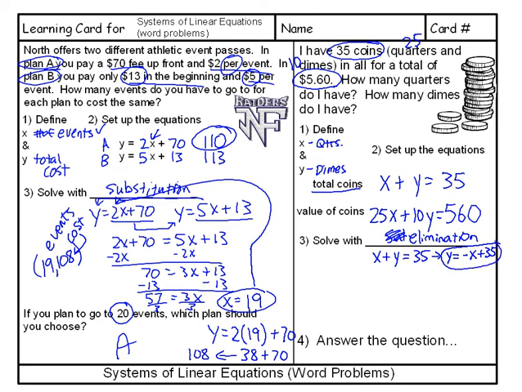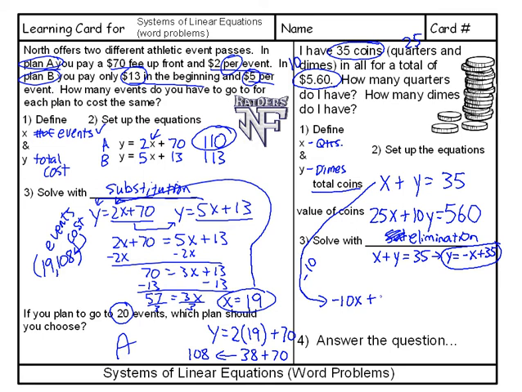And I could use substitution here, or I can use elimination with this one. I could have done elimination by multiplying the top equation by negative 10, and I'm going to multiply this equation by negative 10. And you'll see what I'm talking about in just a minute.